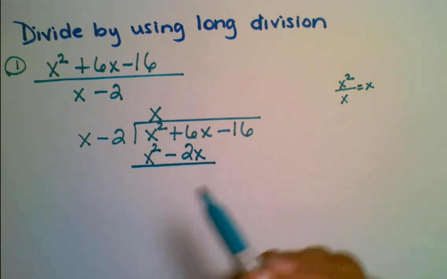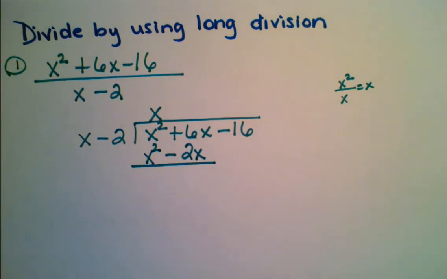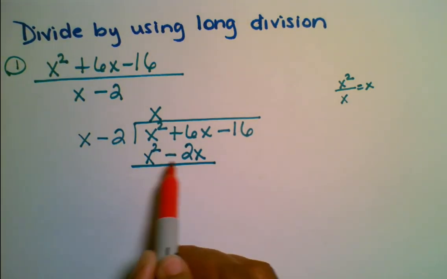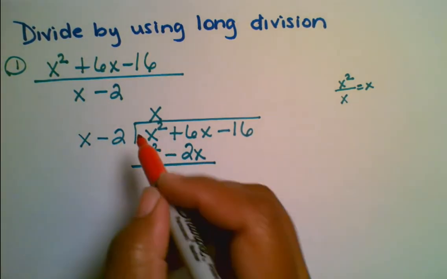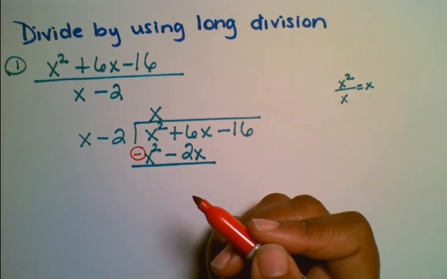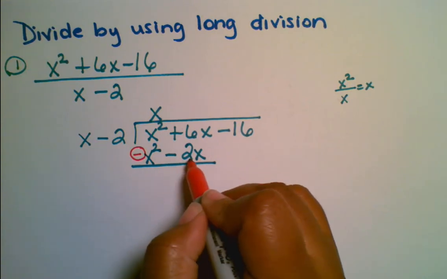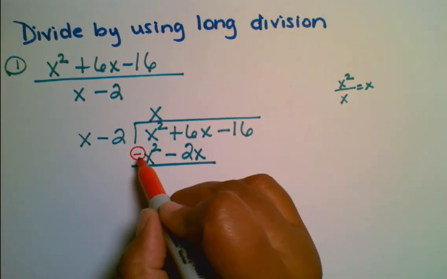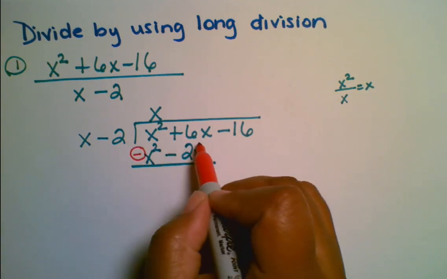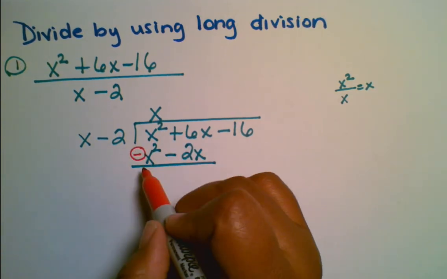So we multiplied. Now we're going to subtract the x squared and the negative 2x. As I subtract, what I put in the circle will be the signs that we're going to use. We take the opposite because if I put a minus sign in front of the x squared and parentheses around the x squared and the minus 2x, we would have to distribute that negative.